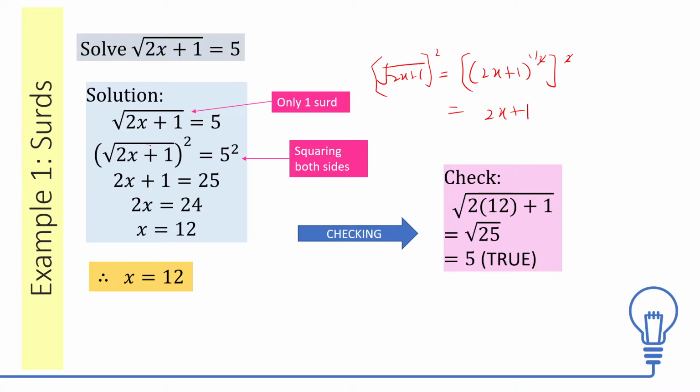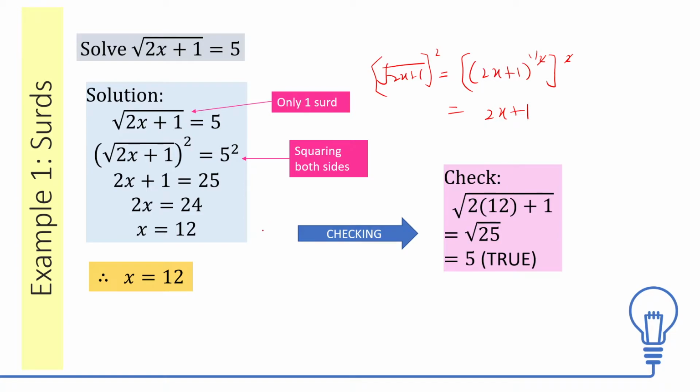So whenever you see a square root, when you square it, you will get rid of the surd. On the left hand side, I have 2x plus 1, and on my right hand side, 5 to the power of 2 is 25. We simplify this simple linear equation, and then we have 2x equals 24, and then x equals 12.